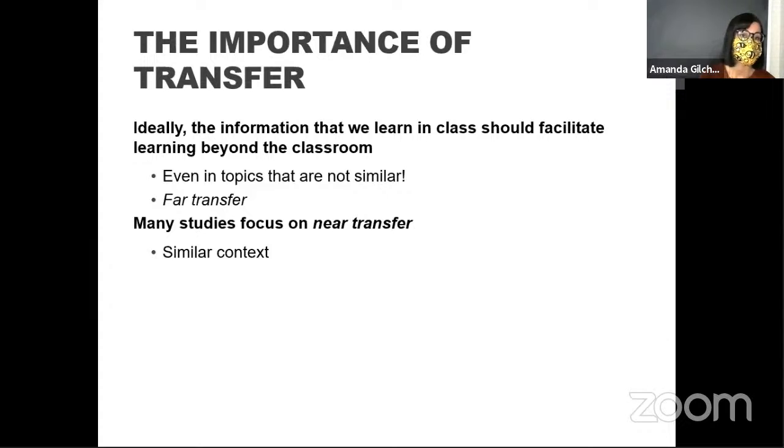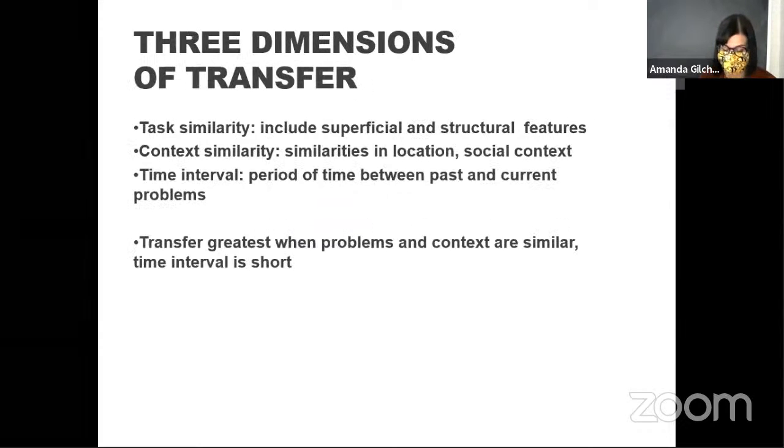Everybody good? All right. So we're going to talk about 3 different dimensions of transfer. So when we're talking about whether or not something will transfer, we need to consider 3 different aspects. So first of all, we have task similarity. And this can include things like superficial features. So for example, maybe you're asked to solve 2 problems that have to do with a king and an army, but the underlying structure of the problems is ultimately different.